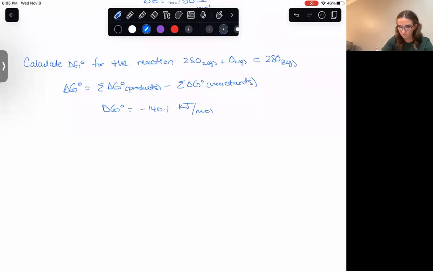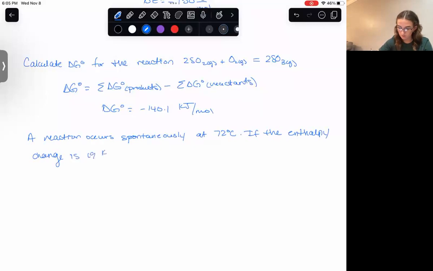Okay, so the next part is: a reaction occurs spontaneously at 72 degrees Celsius if the enthalpy change is 19 kilojoules per mole.